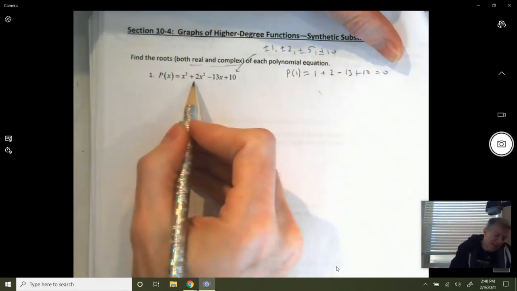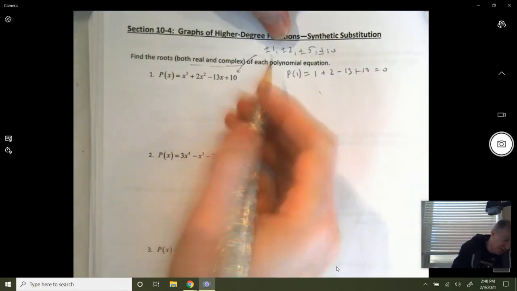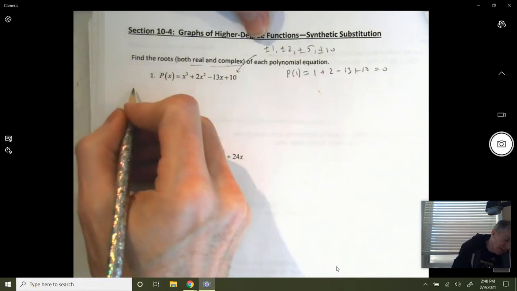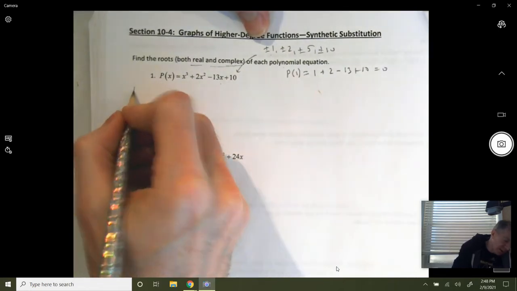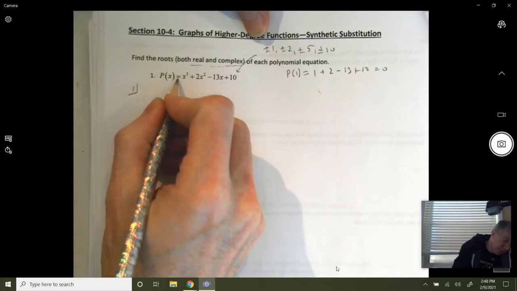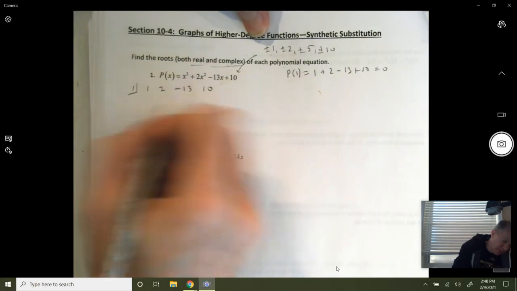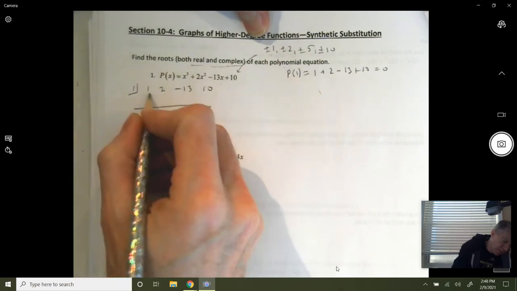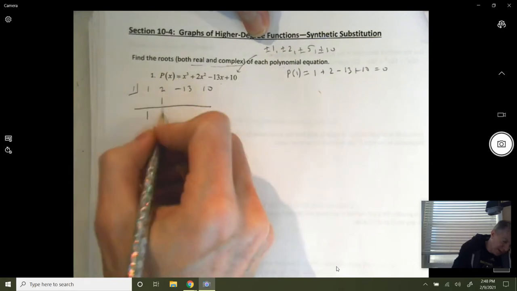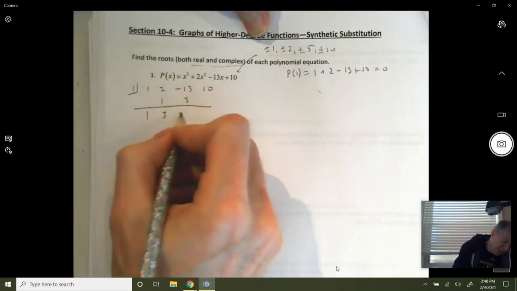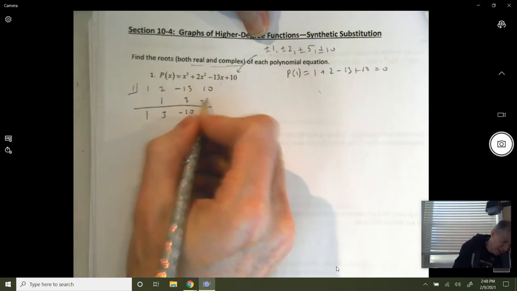So I'm going to divide this by x minus 1. Okay, so when I divide by x minus 1, I put a positive 1 in the corner. I'm going to do synthetic division. And I bring down the 1, multiply by 1, add, multiply, add, multiply, add.